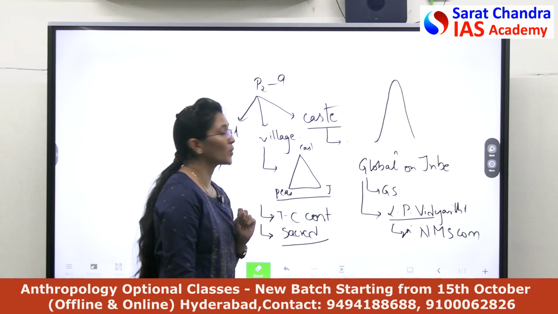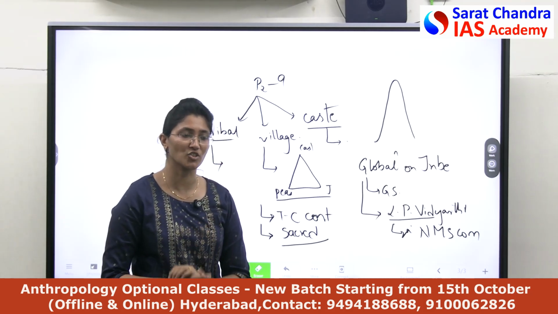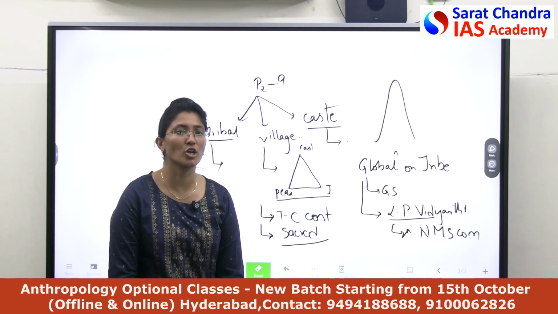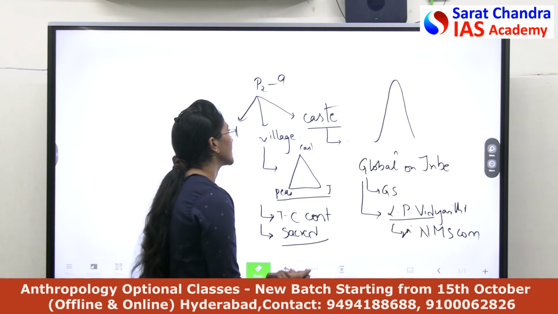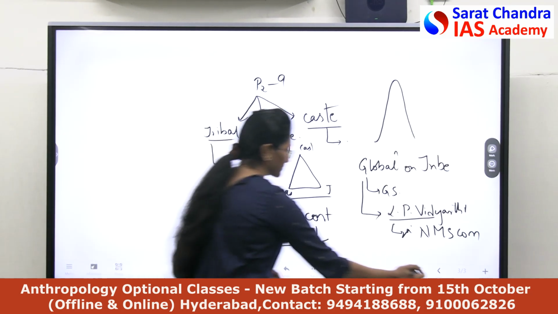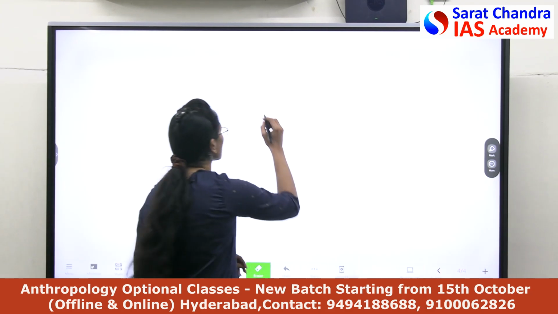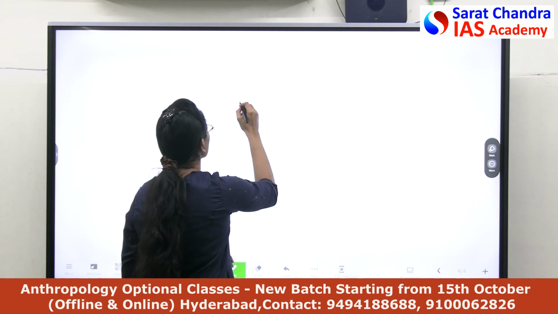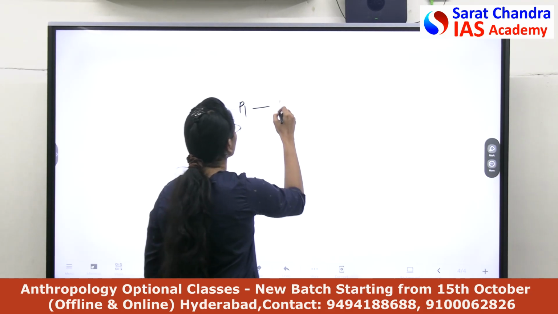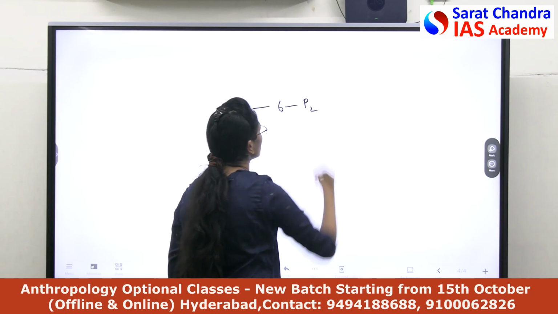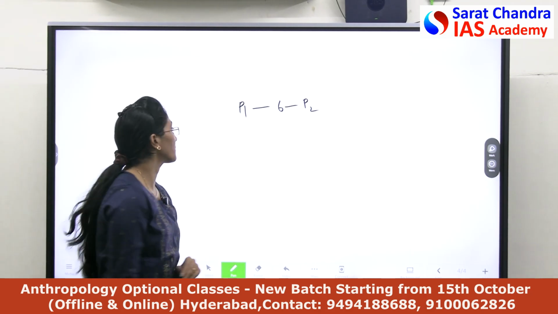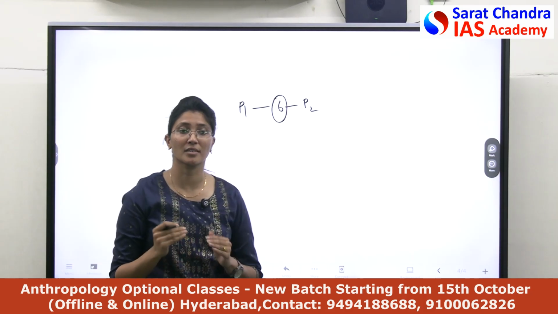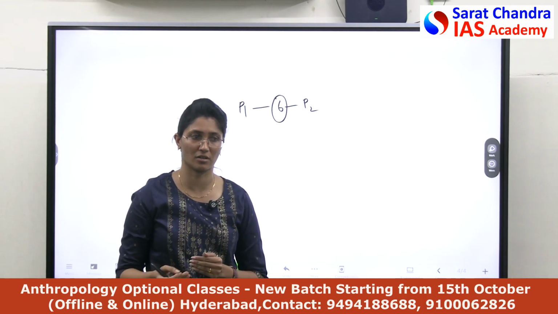So I think I forgot one major chapter in paper 1, chapter 6. Anthropological theories. Chapter 6 is a connect between paper 2 and paper 1. So in chapter 6 we have different theories given by different thinkers, different schools of thought.